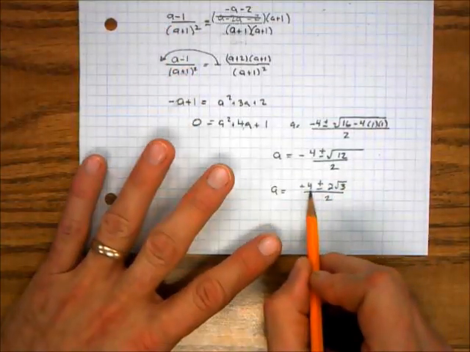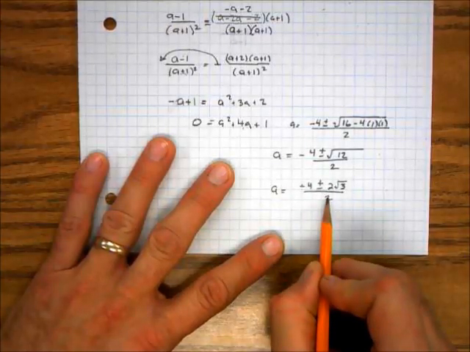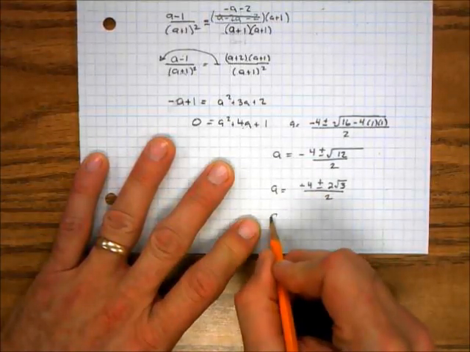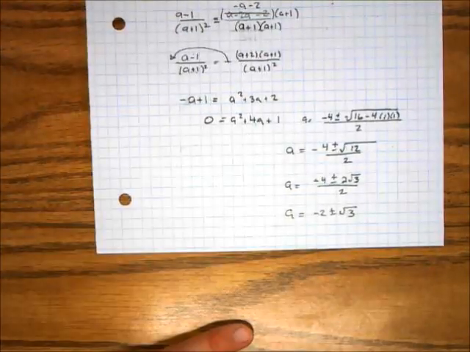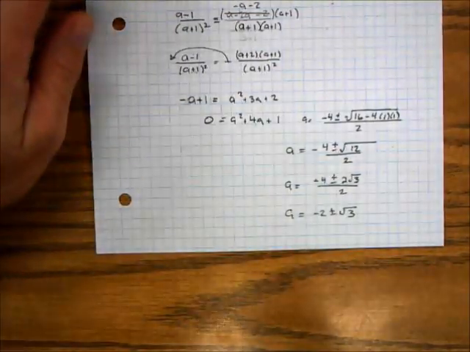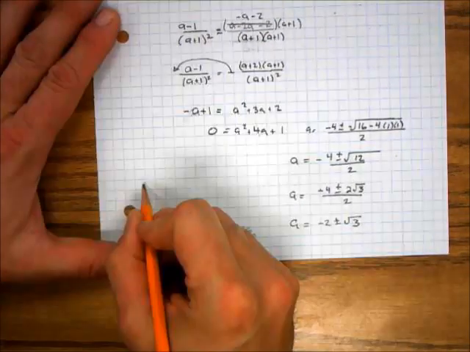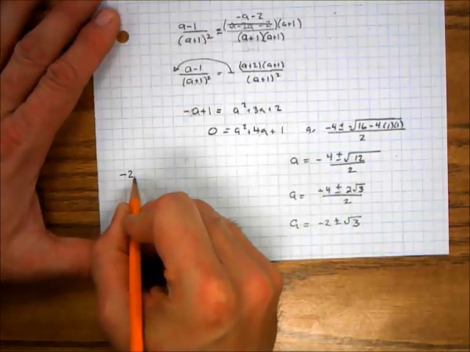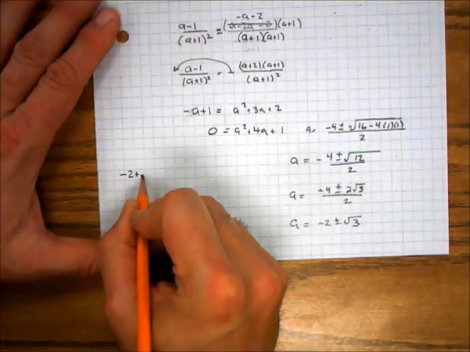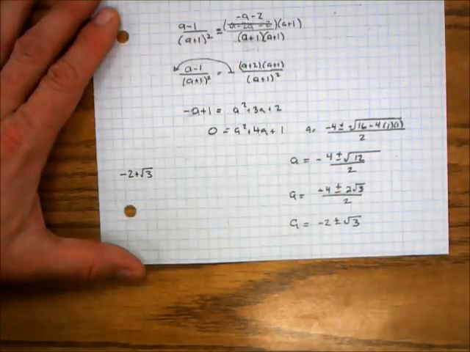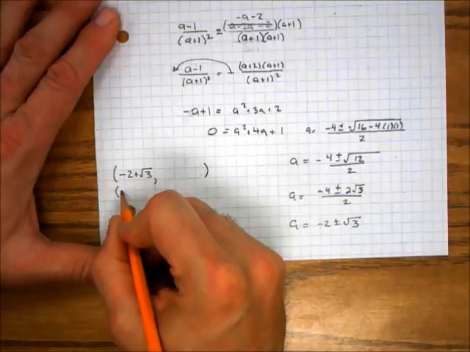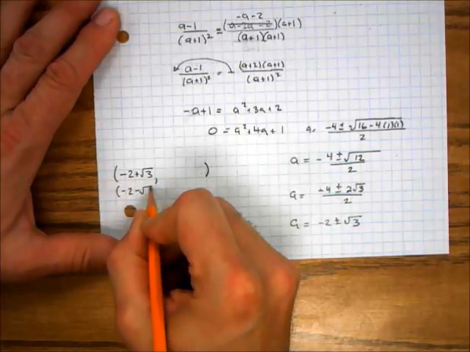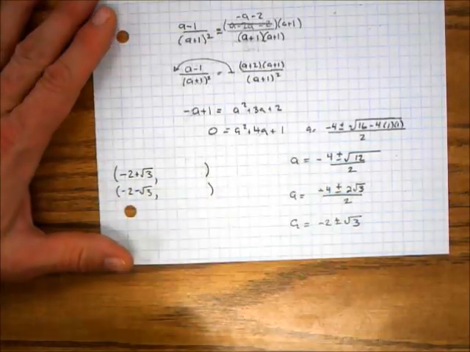I can simplify because I can distribute a divide by 2 through, so a equals negative 2 plus or minus the square root of 3. Those are my a's. So if we want the actual point, negative 2 plus the square root of 3, comma, something, and negative 2 minus the square root of 3, comma, something.